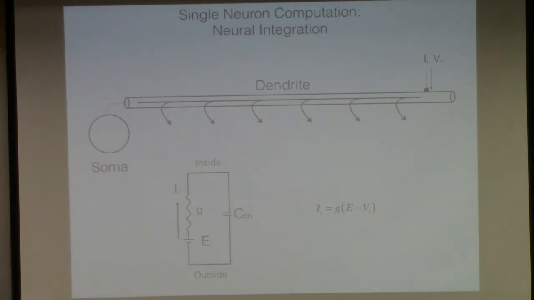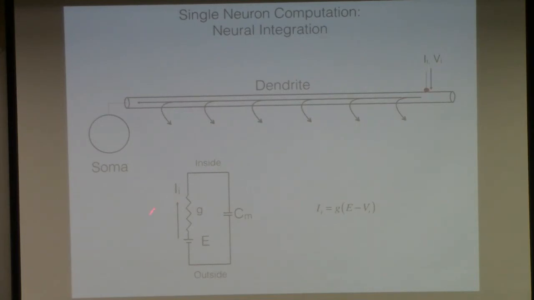Okay, so to think about this problem, we're going to again define a simplified dendrite as a single cable attached to a cell body. We're going to consider injecting current at one location in this dendritic cable. And we're also going to consider the effects of applying a synaptic input at that location on the dendritic cable.